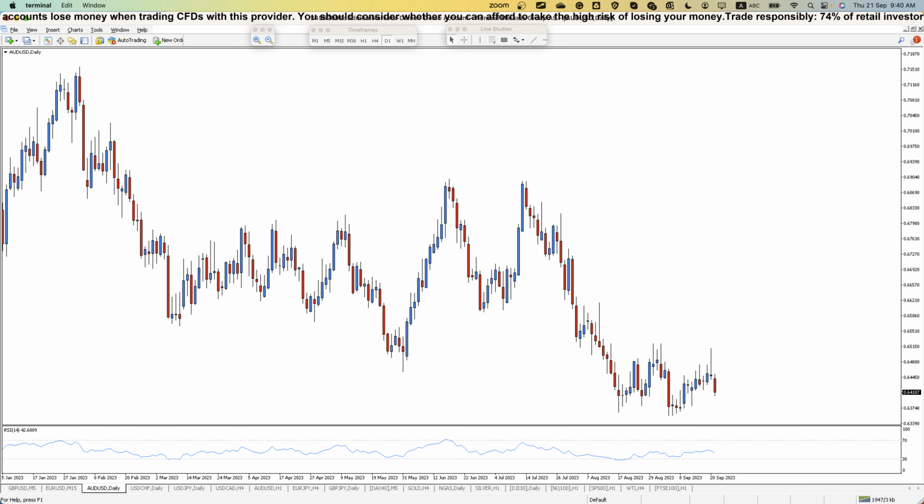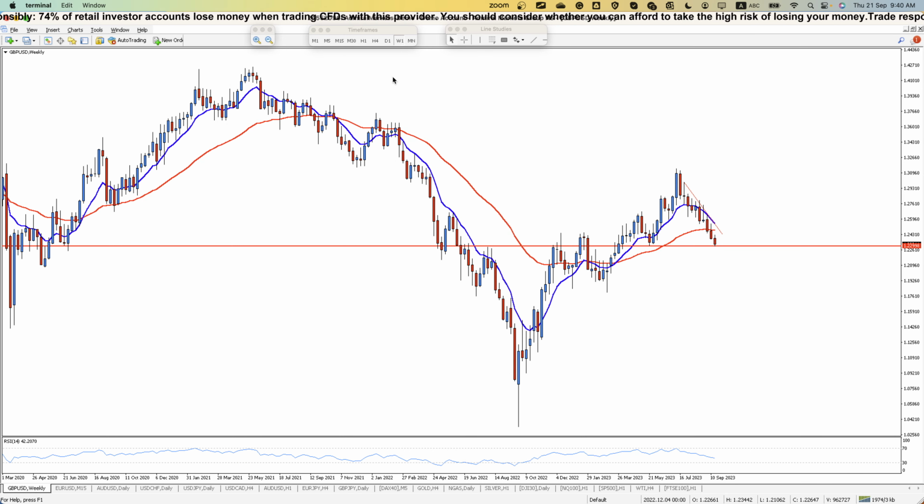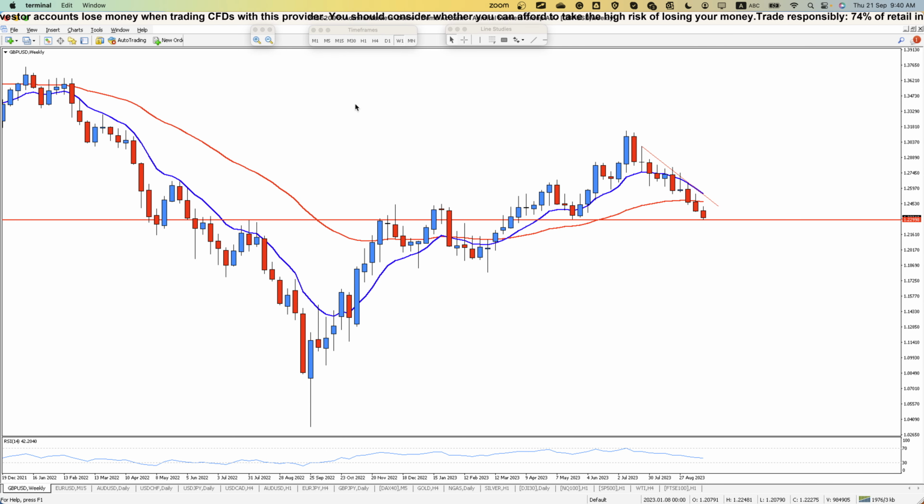Can you show the weekly chart again, please? Darshan, regarding which currency pair, weekly chart? Yeah, pound US dollar weekly. Here is the weekly chart on the pound US dollar, guys.